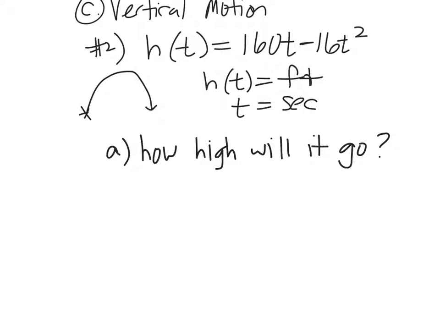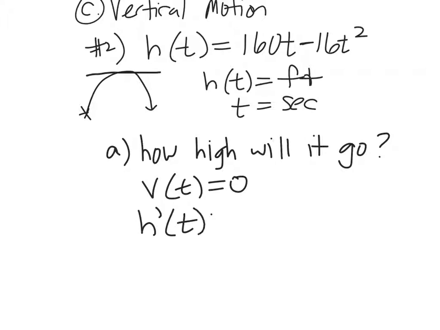Or, in calculus, how high will it go? When it reaches that highest point, what's the velocity there? The velocity is 0 at the highest point. So why don't we just take the derivative and set it equal to 0 and solve? Okay? So h prime of t is going to be 160 minus 32t.